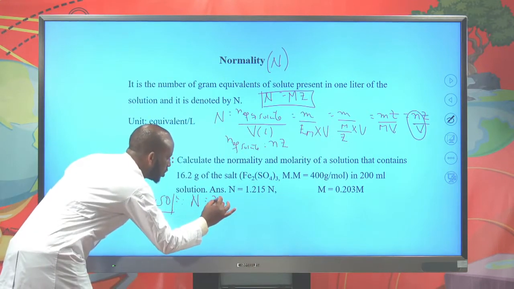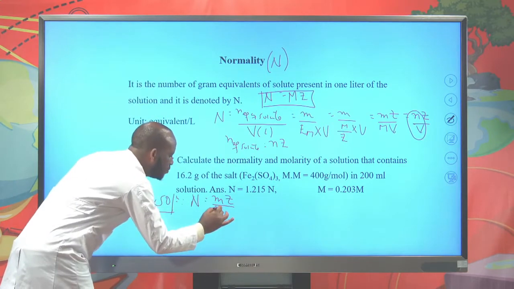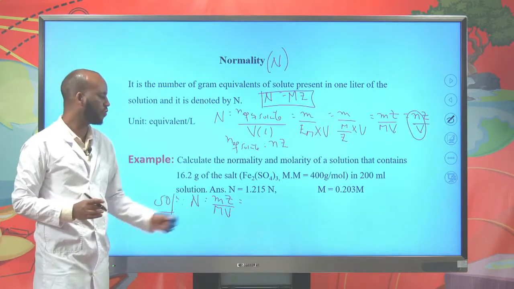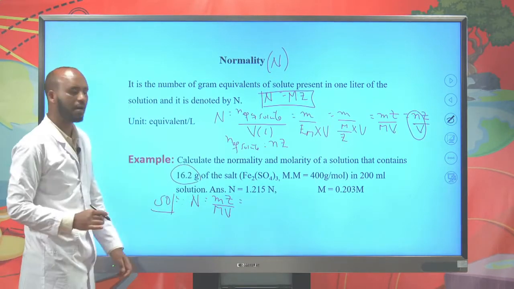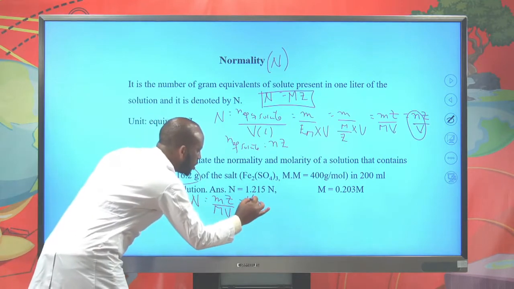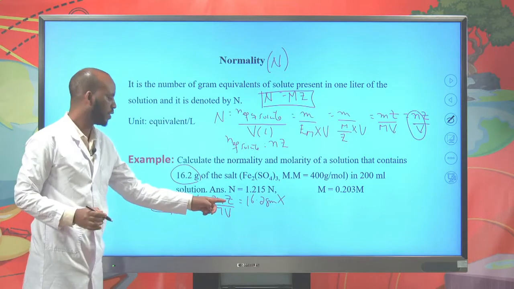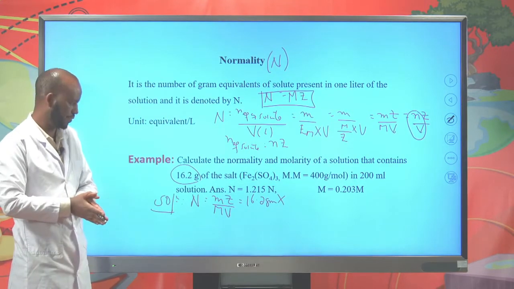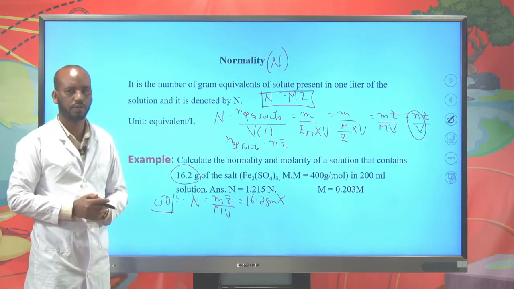Therefore, normality equals mass of the solute times Z divided by molar mass times volume of the solution. The mass of the solute is 16.2 gram, times Z. For a salt, Z is the total positive valence. The salt is iron sulfate.